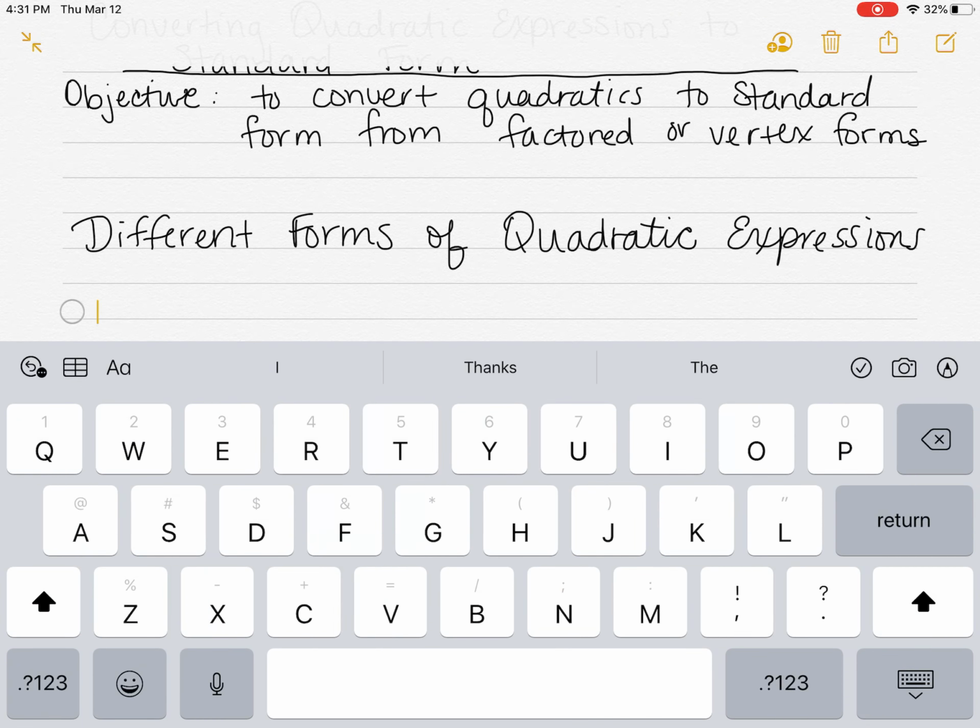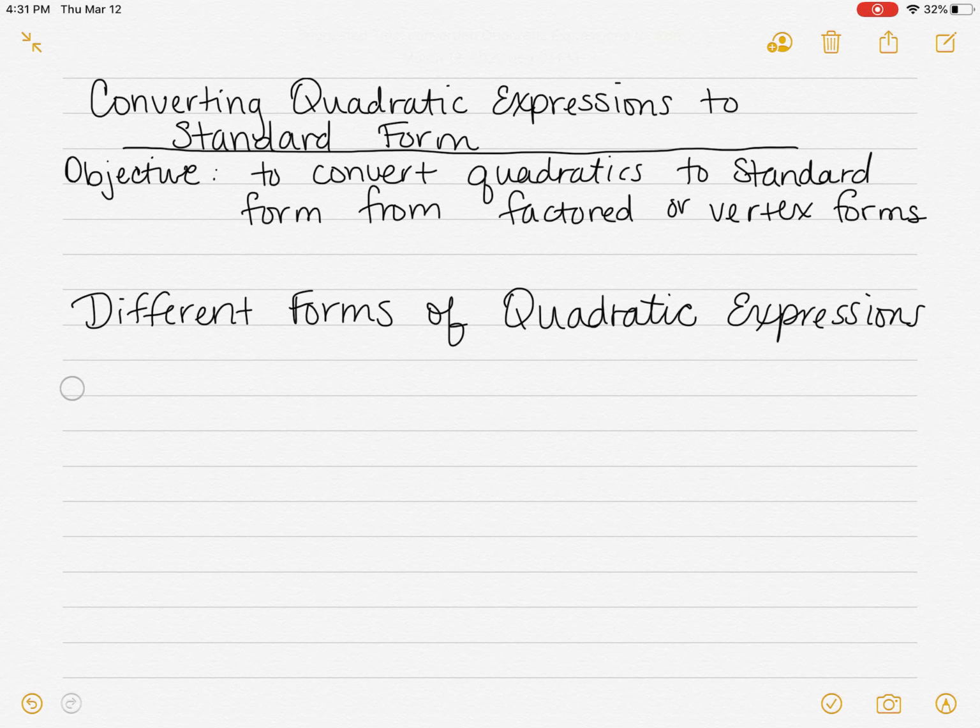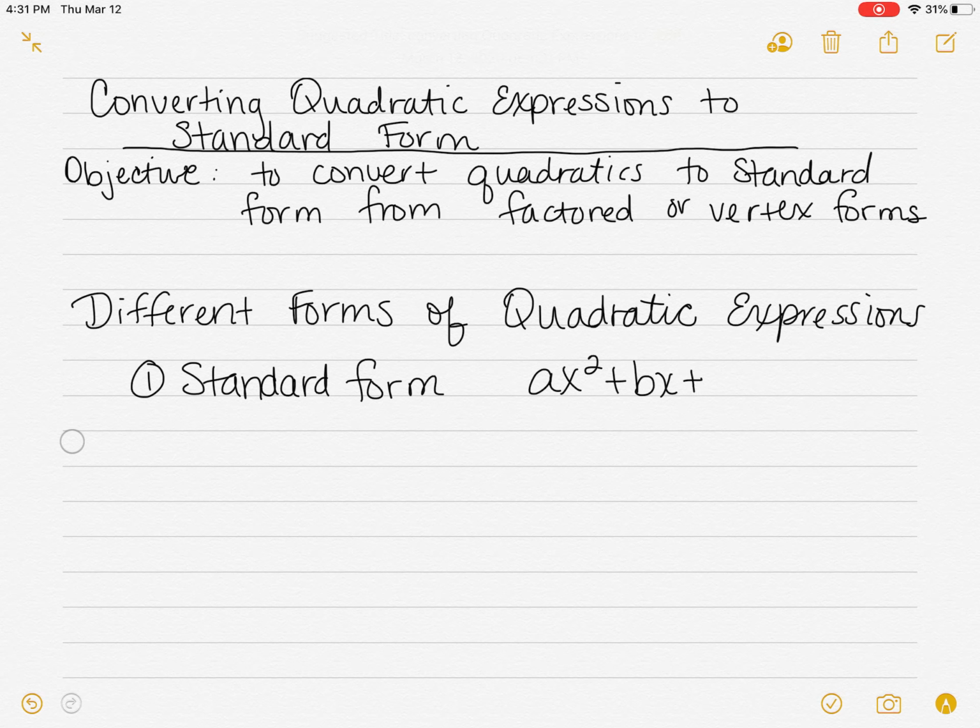The first form is going to be standard form. It's ax squared plus bx plus c.